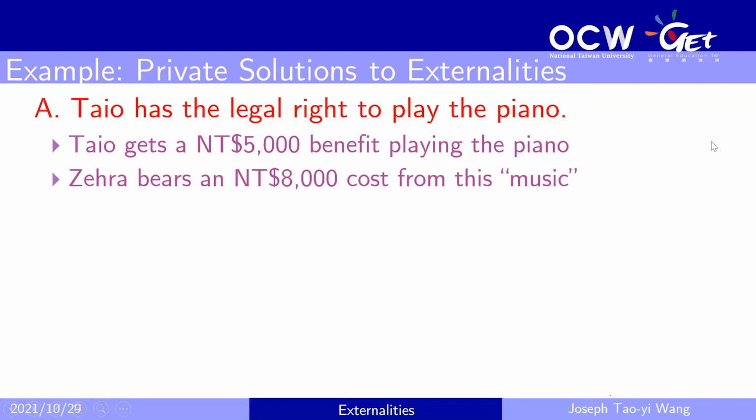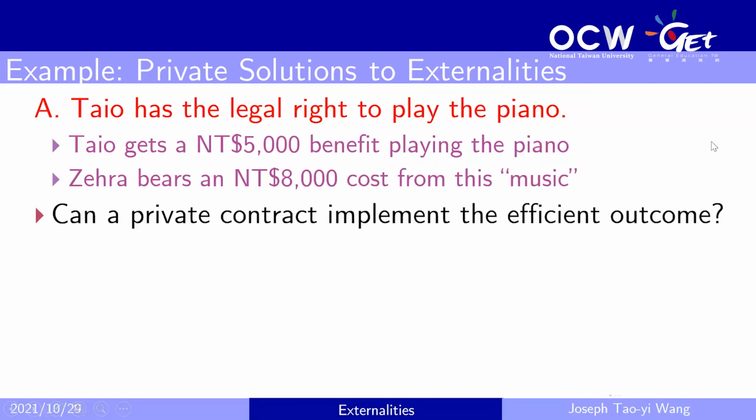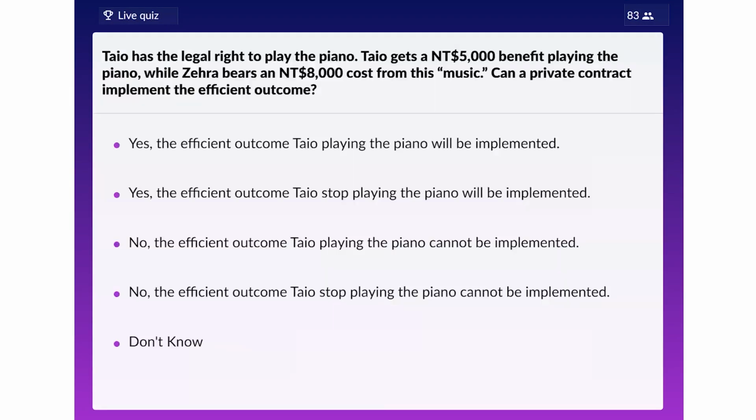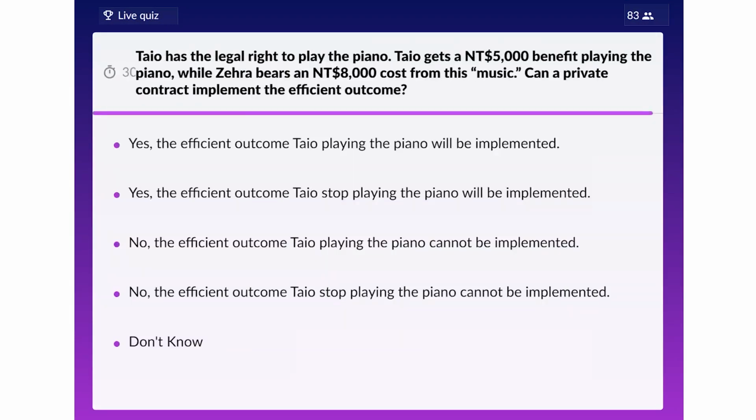So the question is, can a private contract implement the efficient outcome? Yes or no? And what is the efficient outcome? All right, let's join the quiz. Tao has the legal right to play the piano.